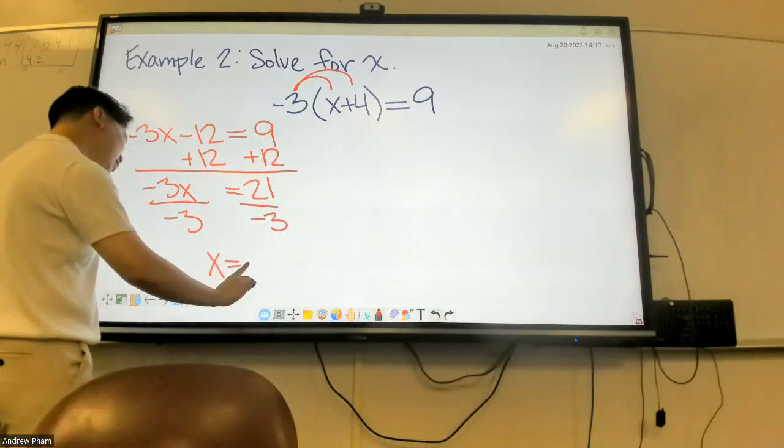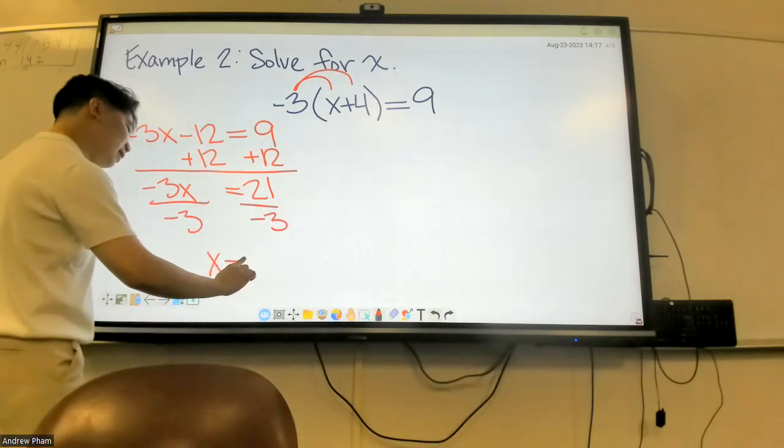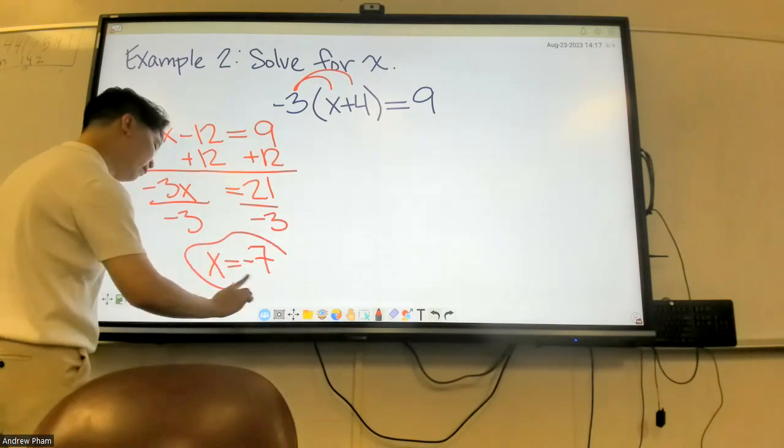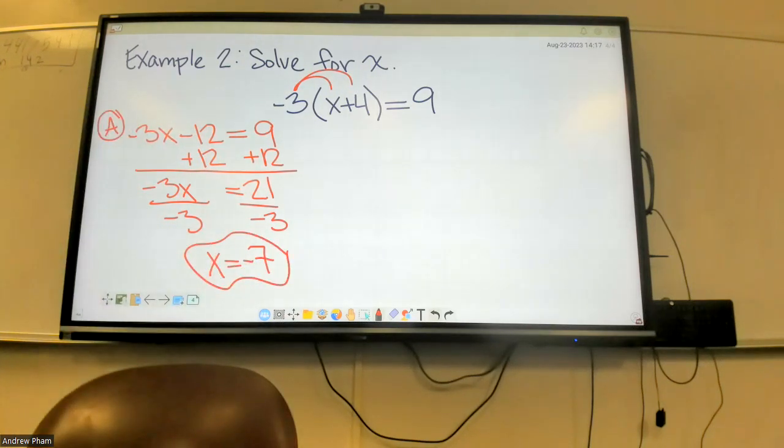Giving me x is equal to negative 7. All right, so I agree with that. We should be getting negative 7. So this is one way that we could have done it, multiplying that negative 3 out to the x and the plus 4. Does anyone have another method that might be useful?